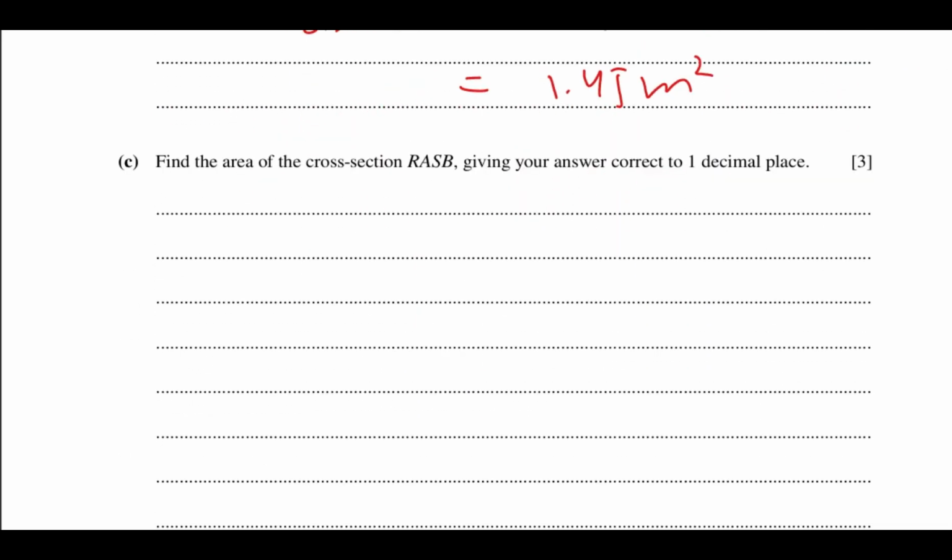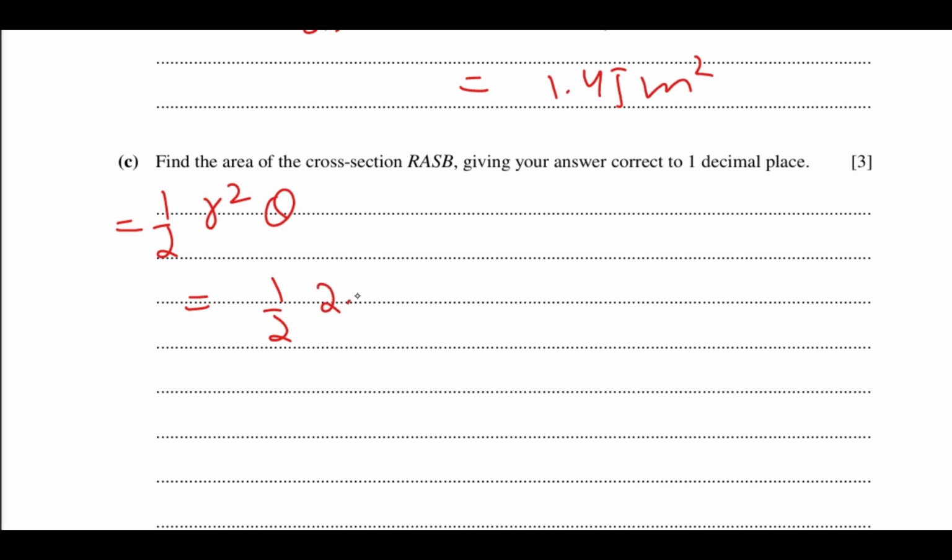Now the next is: find the area of cross section RASB, giving the answer correct to one decimal place. Area of cross section RASB means we have to calculate the whole area. 1 over 2 r squared theta is the area of the sector.